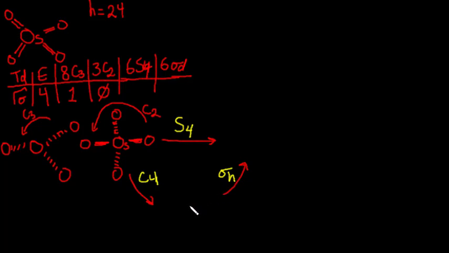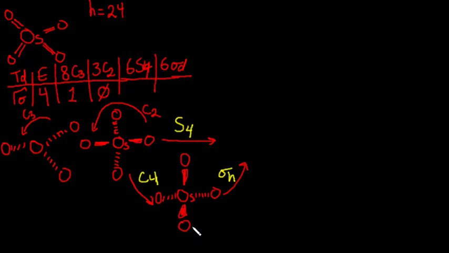In this case here, we have a C4, so it means we're rotating by 90 degrees. So if we have the osmium in the center here, the oxygen that is pointing downwards is going to rotate 90 degrees. So this oxygen will be here, and the one on the opposite end will also be pointing downwards, and the other 2 oxygens will be pointing upwards. So this right here is your C4 rotation.